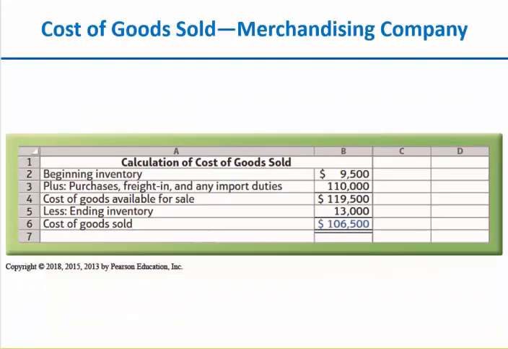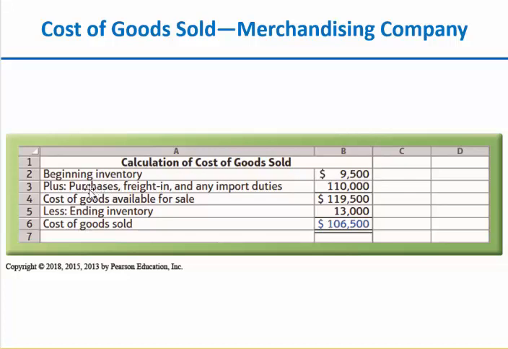Next, we can take a look at how to find the CGS for a merchandising company. Typically, you always have the records of inventory at the beginning and also the end of the fiscal year. In this case, you have a beginning inventory balance, which is 9,500.